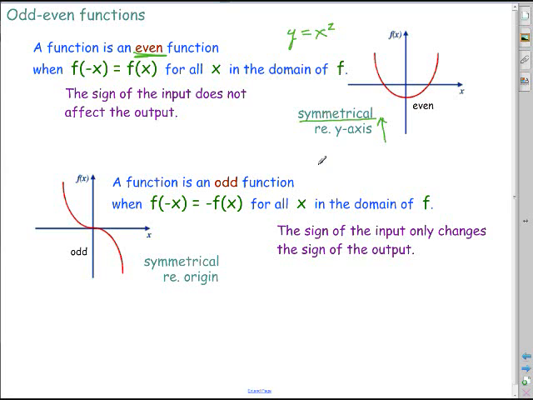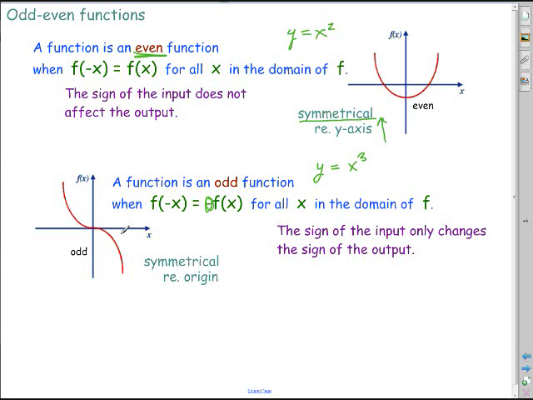So a good example of that is y equals x to the third. The absolute value of the function is going to be the same. The difference is going to be here. So let's think about it. If I put a 1 in here, what do I get out? 1. If I put a negative 1 in here, what do I get out? Negative 1.